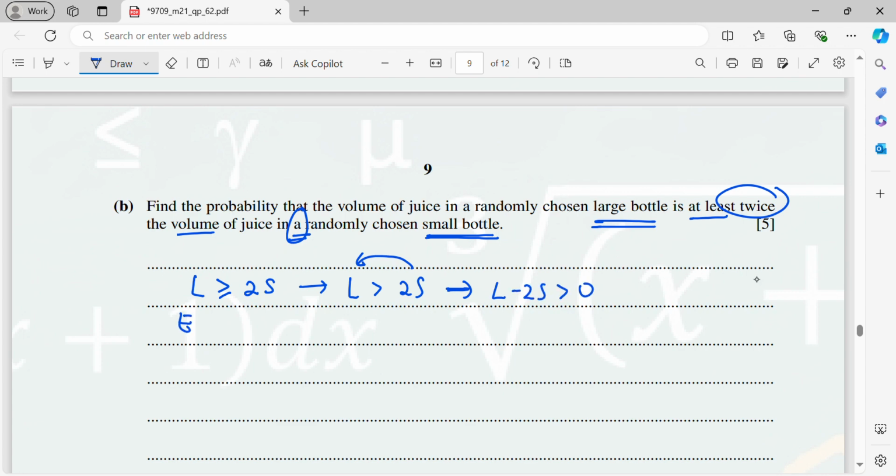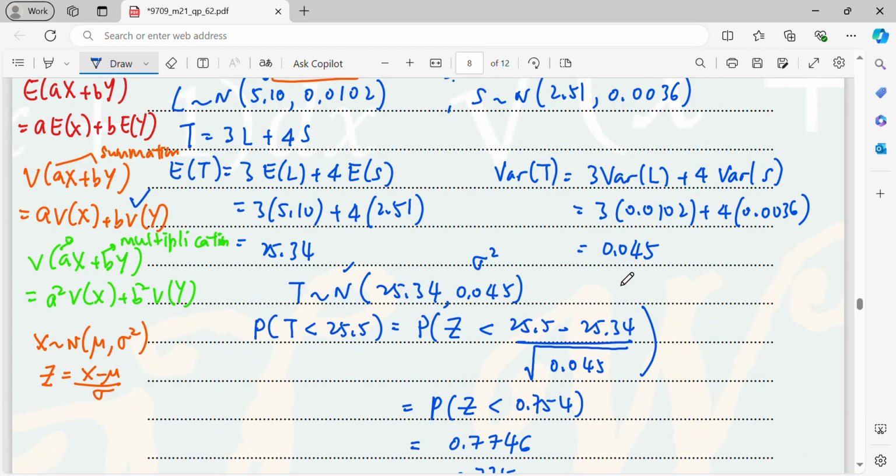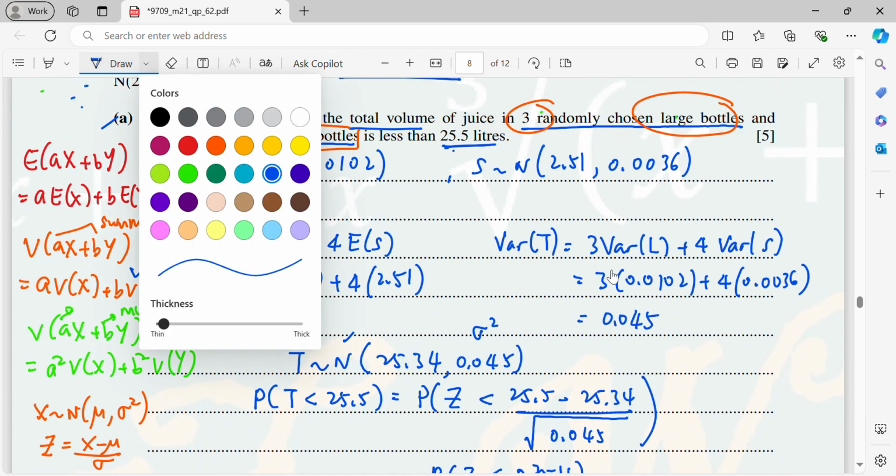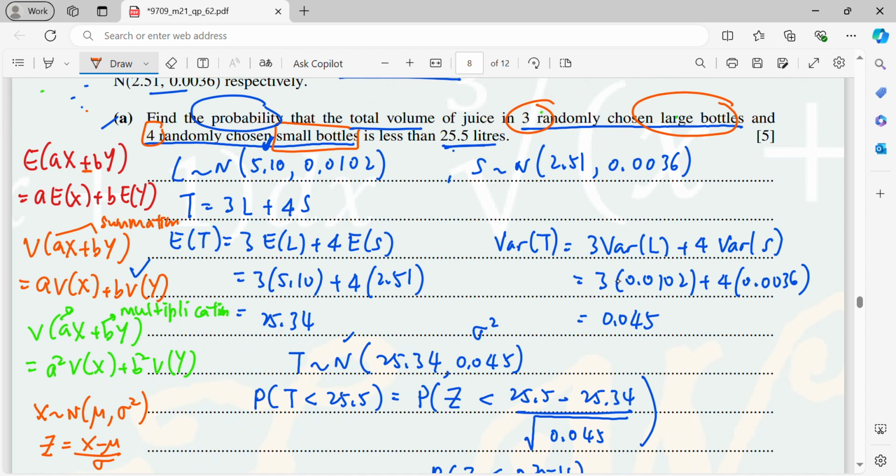So now again, I need to calculate the expected value. So this is going to be E(L) minus 2 E(S). Alright, then for information, the formula over here, if let's say I add on the minus, this will be minus. If here minus, right, this is minus, this is plus.